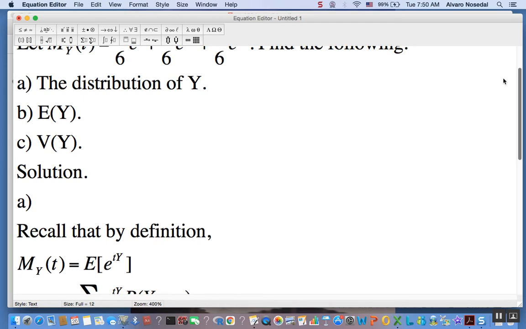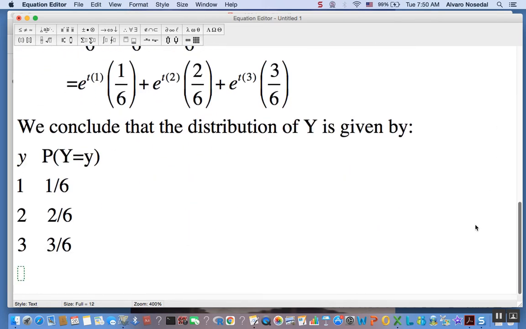Let's do part B. Let's find the expected value of y. Now that we have the probability distribution of y, we could find the expected value using the definition of expected value, and since we also have the MGF of y, we could use the MGF also to find that expected value.